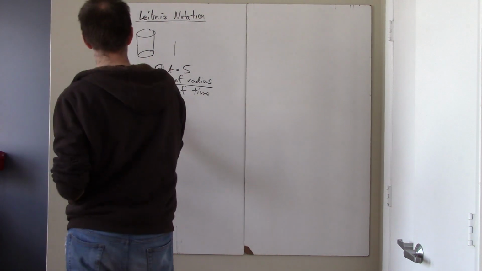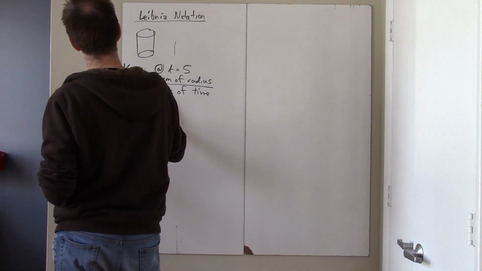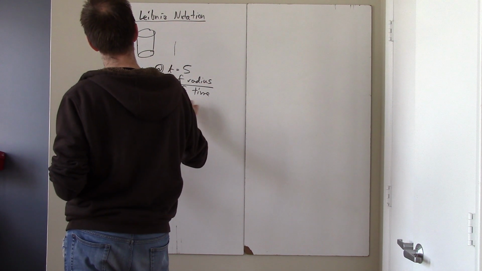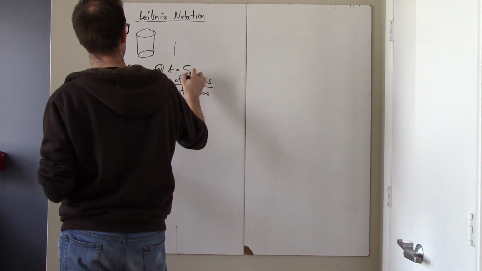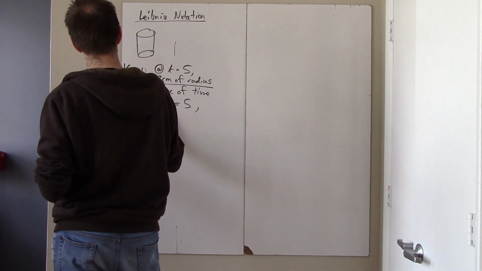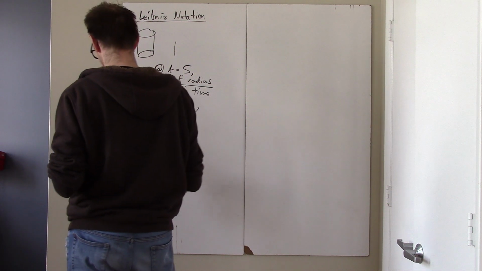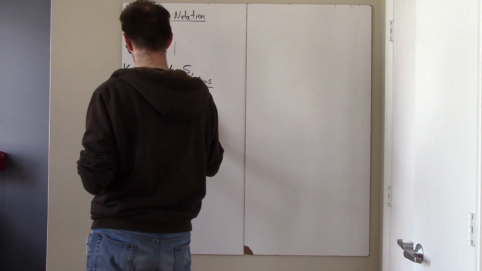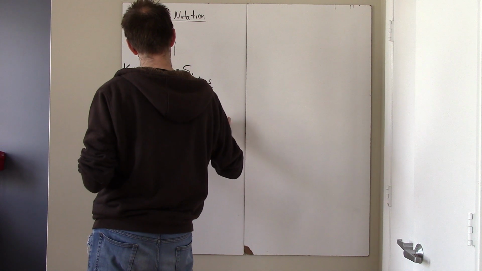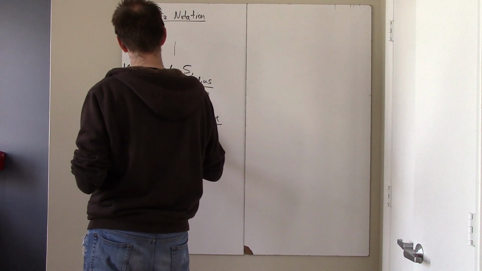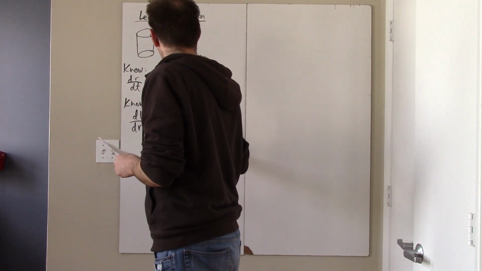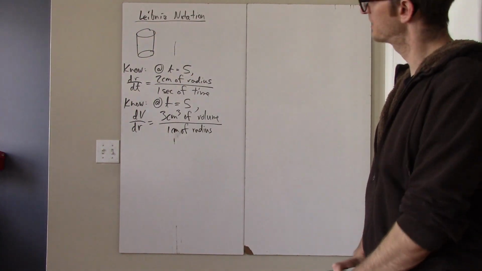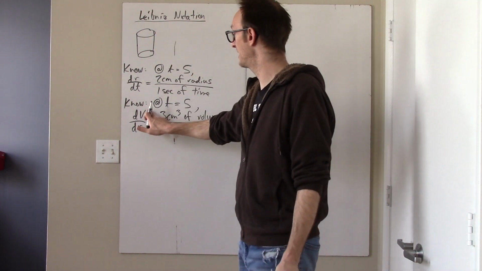Okay, suppose I also know at that same time, t equals 5, that dv dr is 3 cubic centimeters of volume per 1 centimeter of radius. Now, I think if I told you the height of this cylinder, this is something you could calculate. But never mind that.